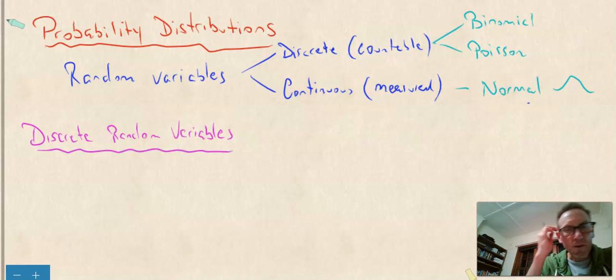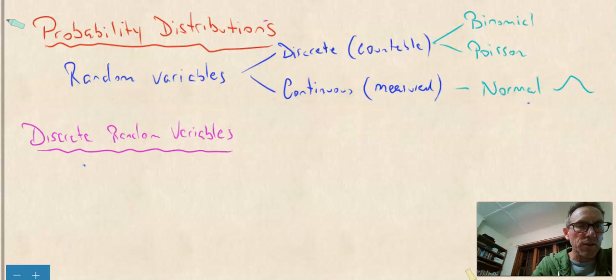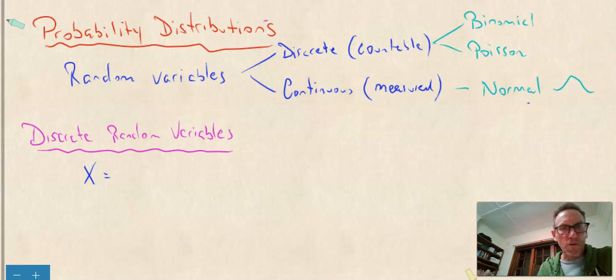What we are looking at here is essentially an event where the results of the experiment, whatever's taking place, are discrete values. So what we tend to do is assign that discrete random variable a capital letter X, and we say that is the number of whatever.